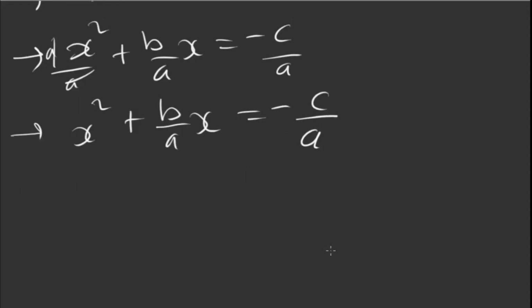Now friends, when you have done that, you see friends, there's something more we can do here. From the completing square method, when we reach this stage, we want to form a perfect square. So we want to find another entity here, like a new c.